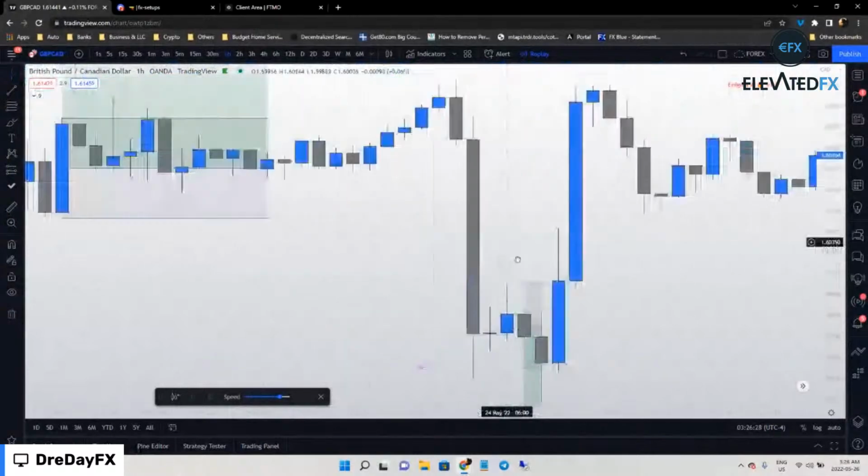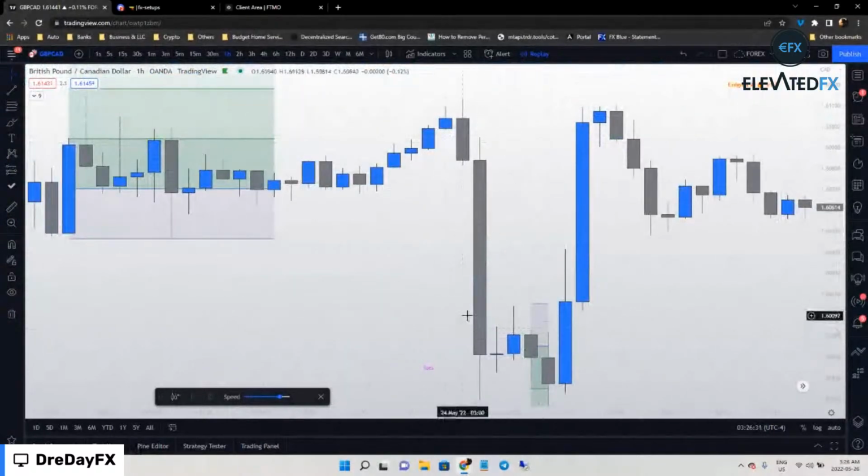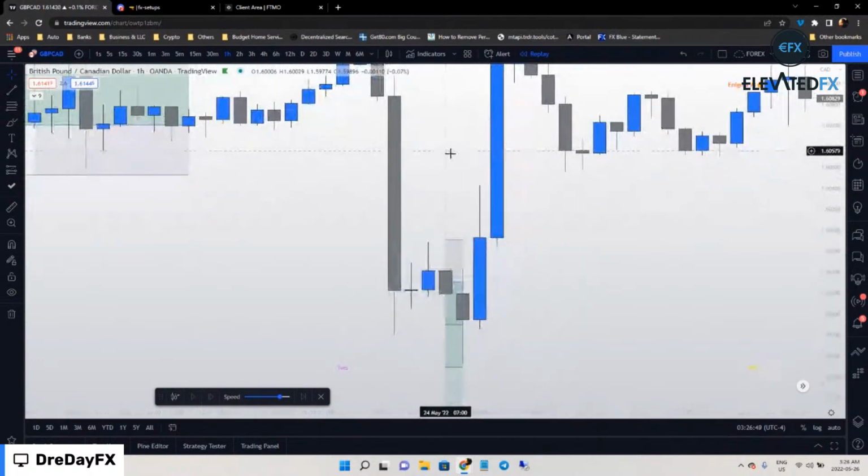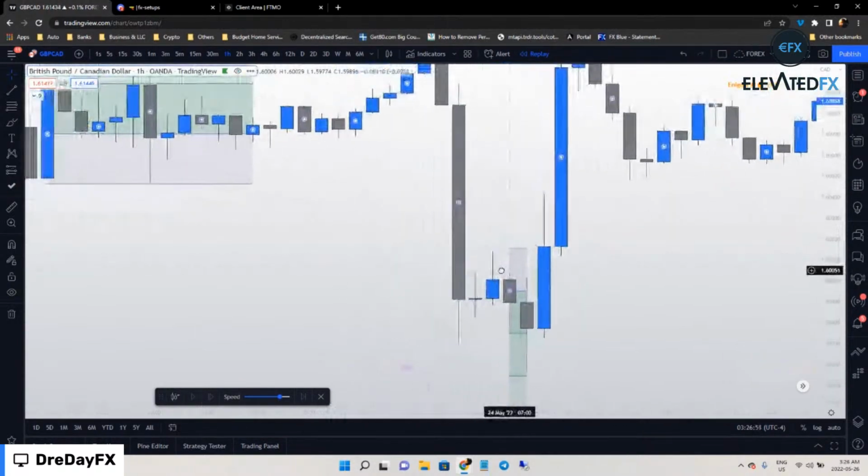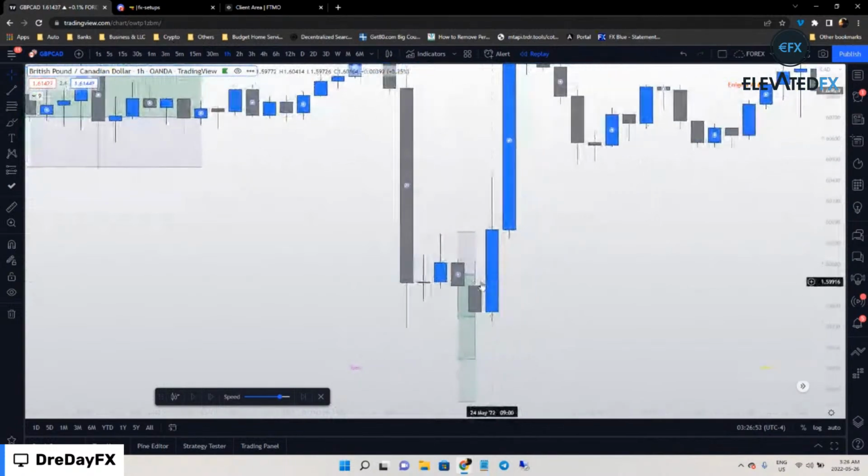Here, after a big exhaustion like that, if you were live on Tuesday, you saw that the GBP pairs went down a lot in a couple of hours, and then it went back up. After a big exhaustion like that, I would avoid taking a trade in the same direction.